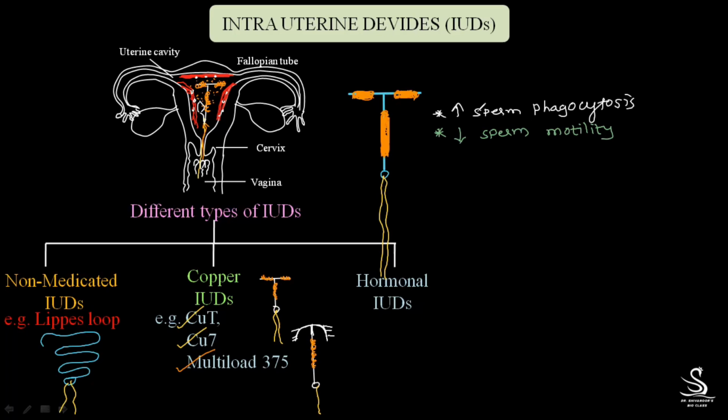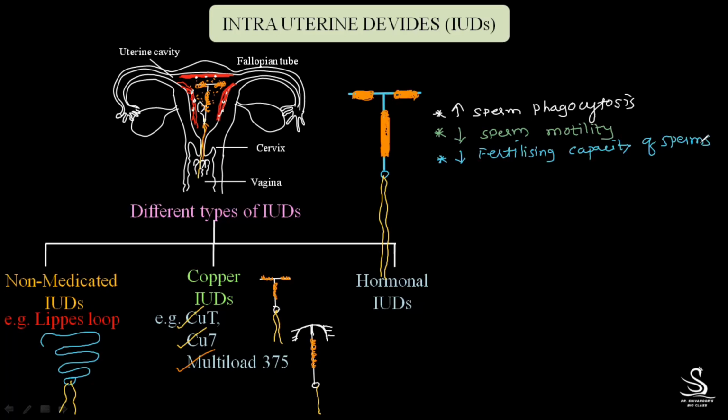Yes, in addition to that, these copper releasing IUDs are going to help in decreasing the fertilizing capacity of sperms. Got it?